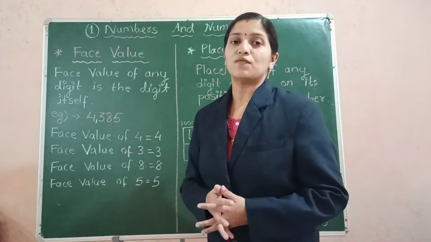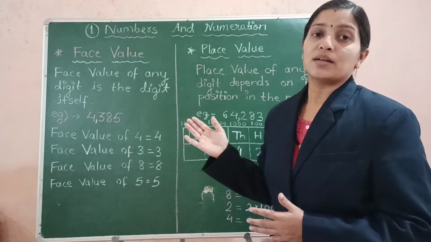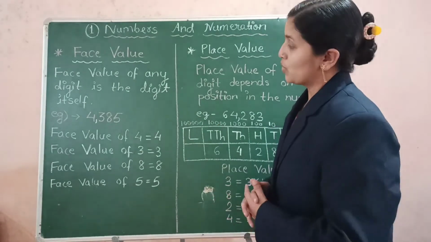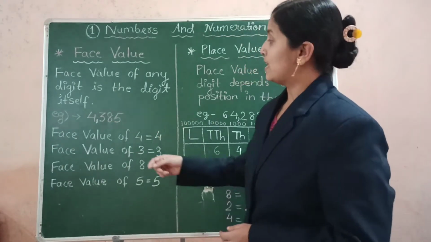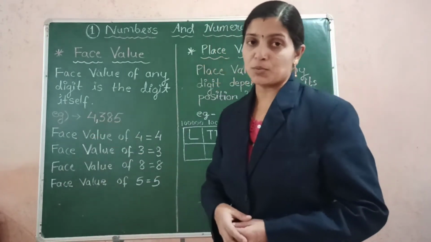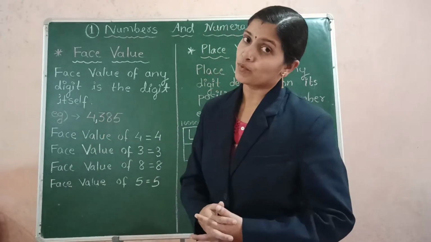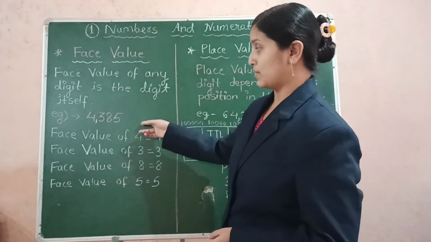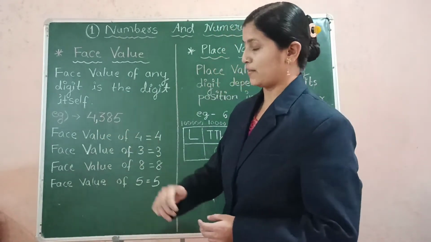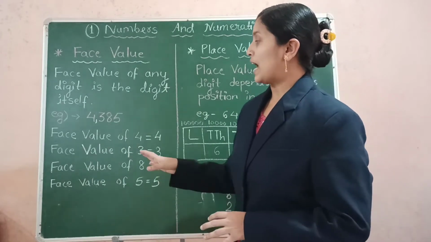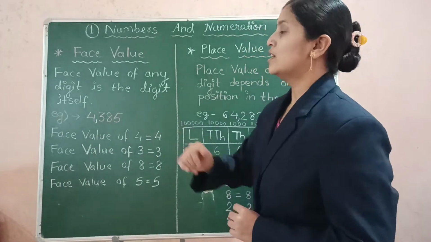In our studies, we always use the Indian place value system. So these three digits come in the ones period and the 4 comes in the thousands period, and both these periods are separated by using a comma, and we read this number like 4385.